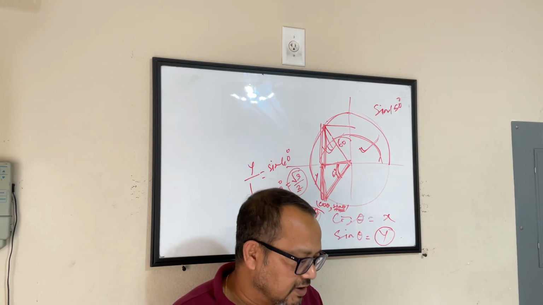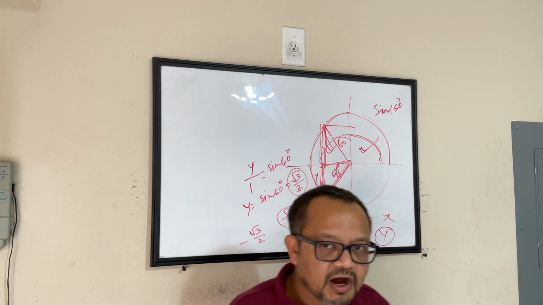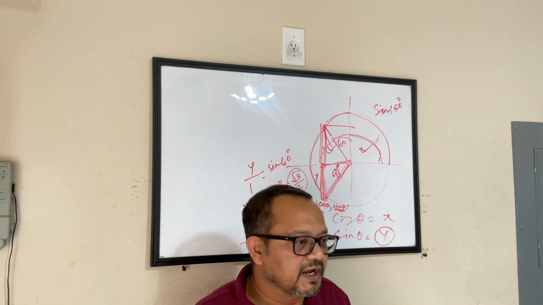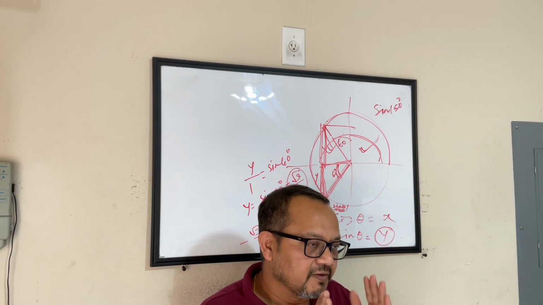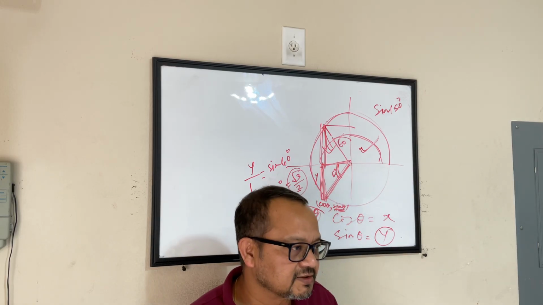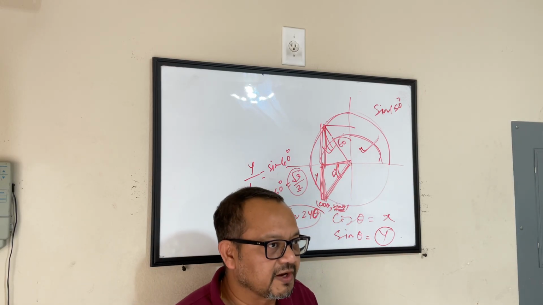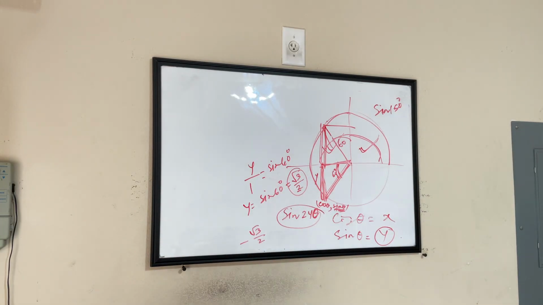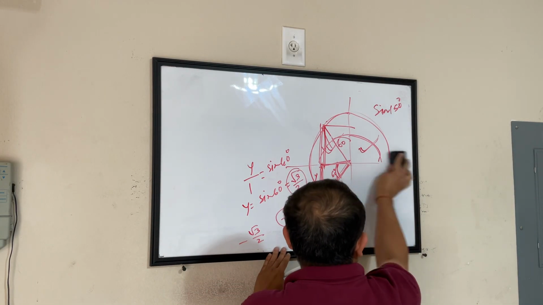Okay, let's do one thing. Let's quickly look at easier ways to derive the value of different angles, like sine 30, sine 45, sine 0. What technique can we use for memorizing it?